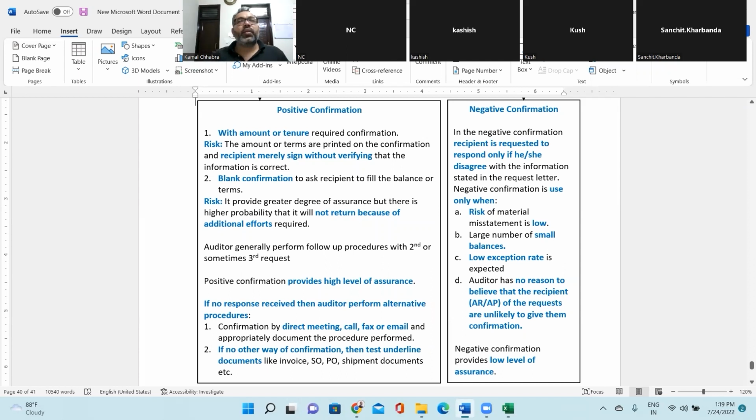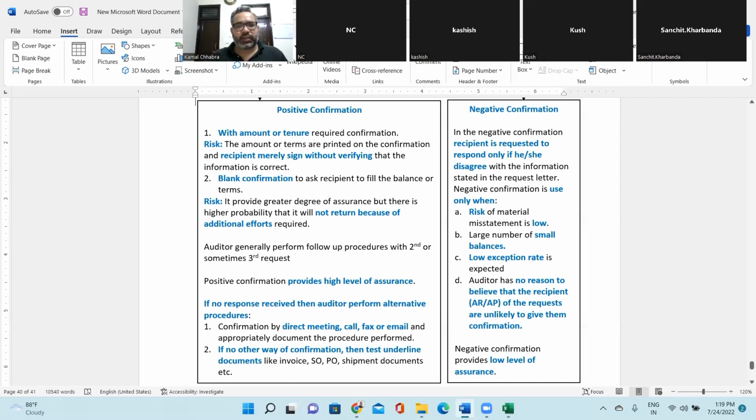You send the details along with the amount to the customer to send you back his or her response. Either he or she agrees or disagrees, but it's required for them to respond to you. That is a positive confirmation.